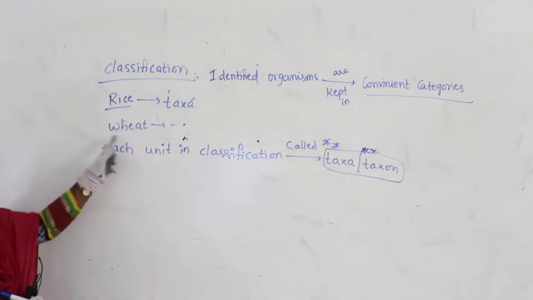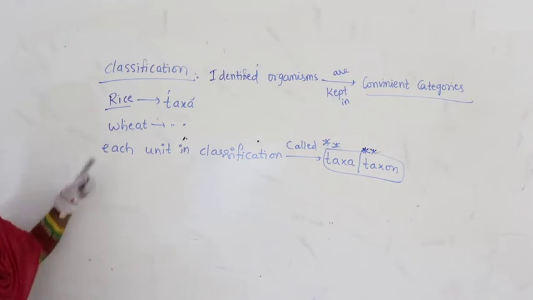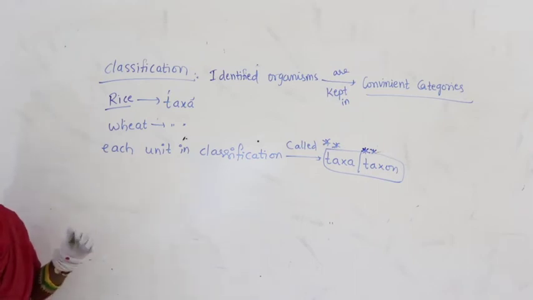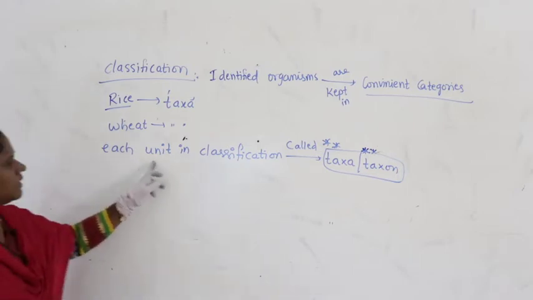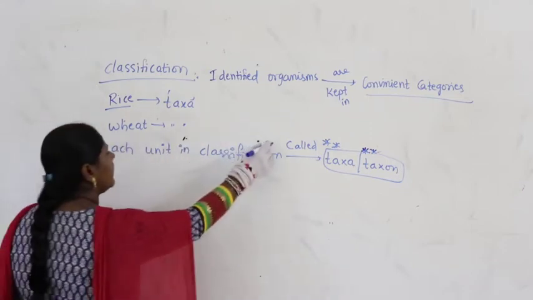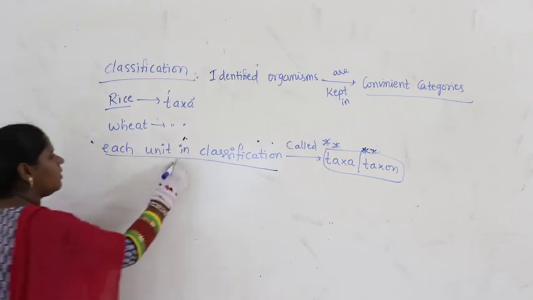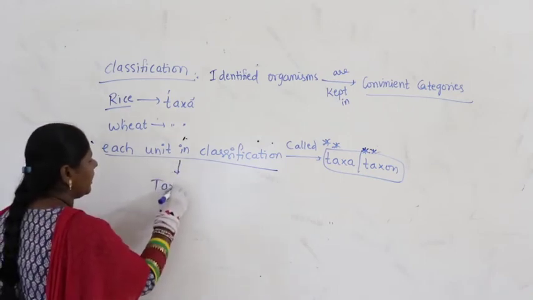When I say wheat, wheat is a taxon. Hibiscus plant is a taxon, right. In Oryza sativa, Oryza is a genus, it is a taxon, and sativa is a species, it is also a taxon. So each unit in classification is referred to as a taxon. According to taxa, we make what are called taxonomic categories.